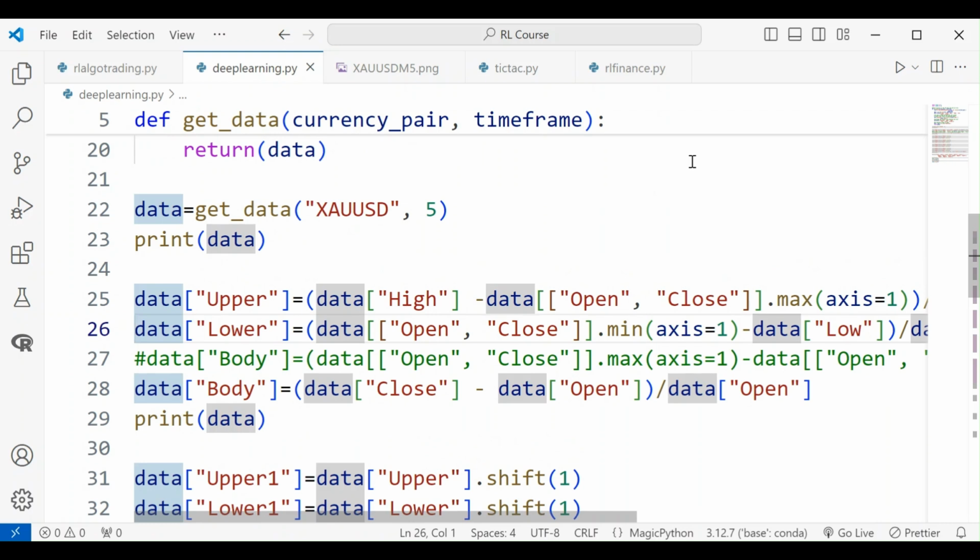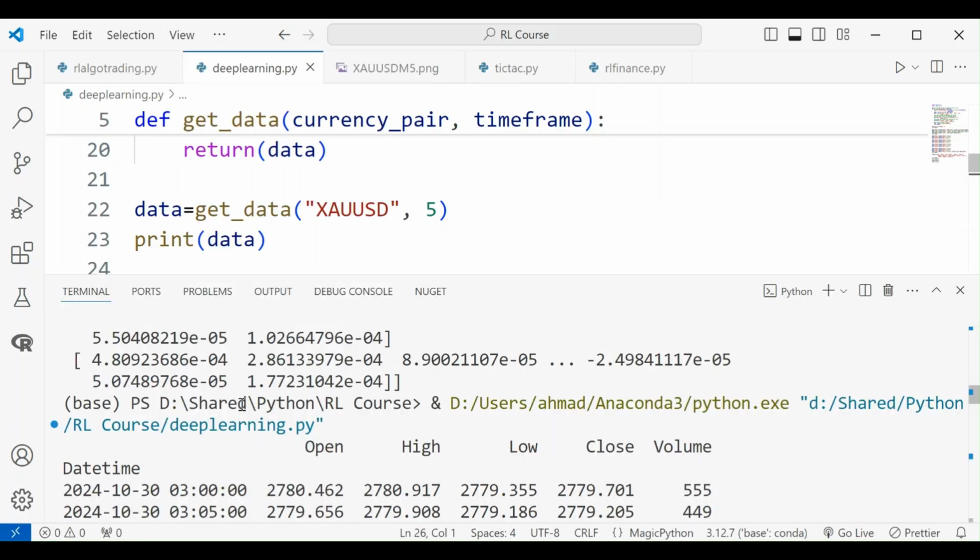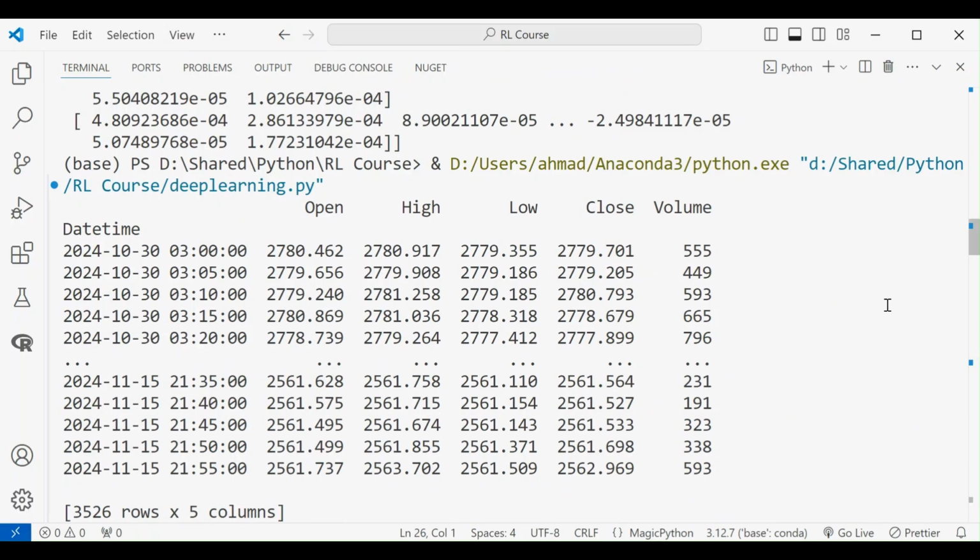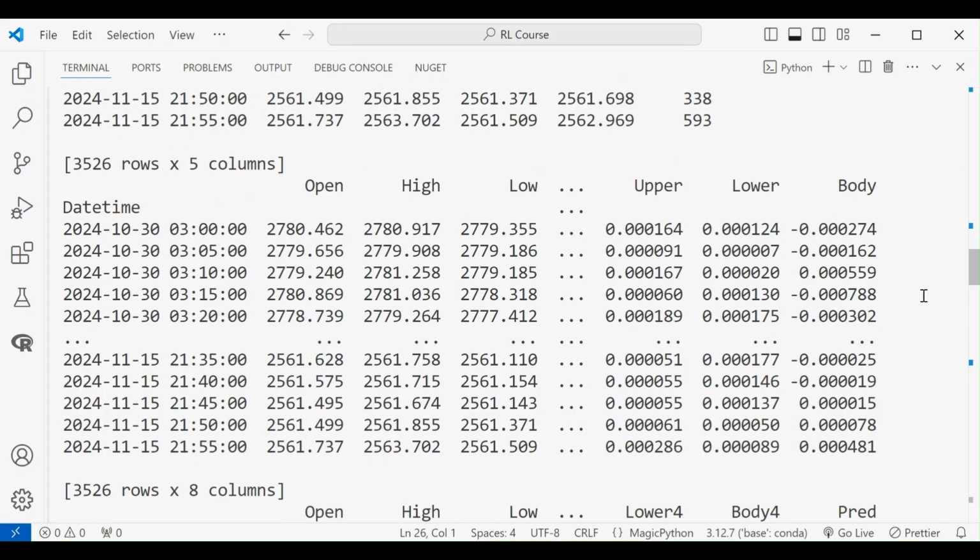So we take the minimum of open and close, and then we subtract it from the low and divide it by the open. And body is just the close minus open over open. Then we print the data. I'll show you. Right, so this is the upper, lower, body. So now we have made this.